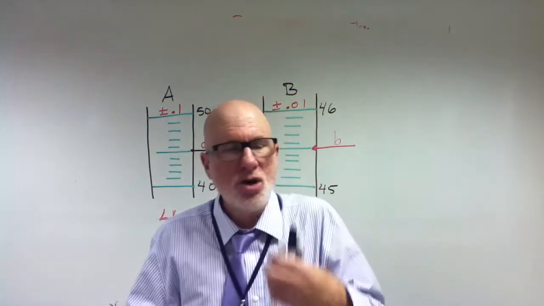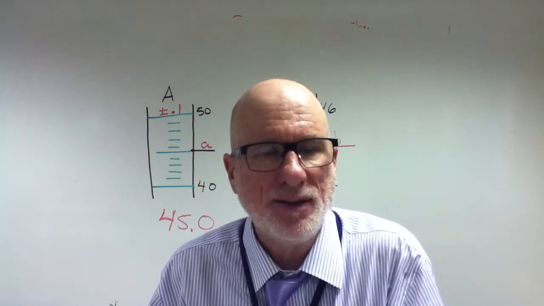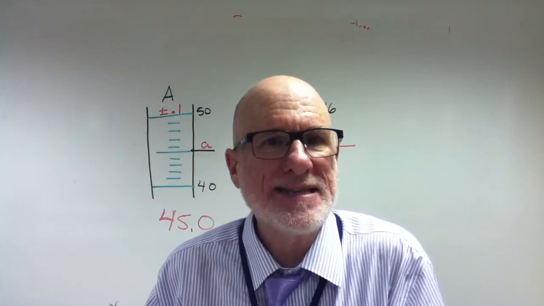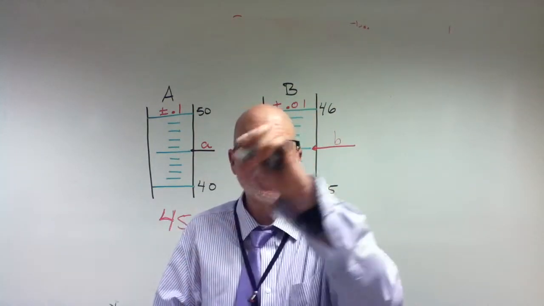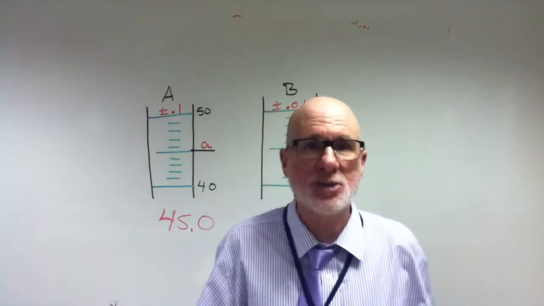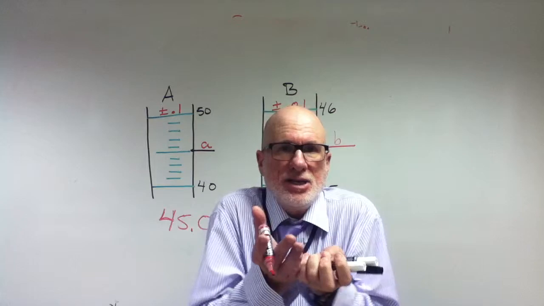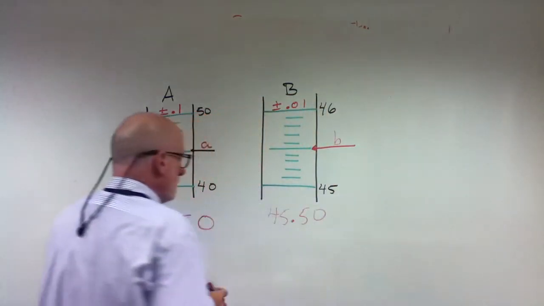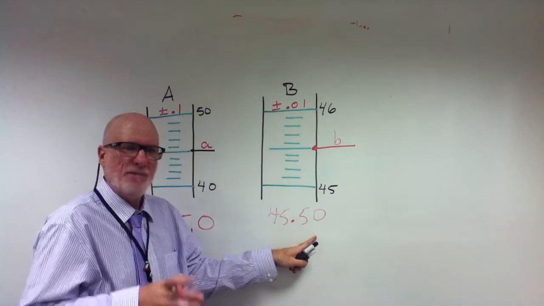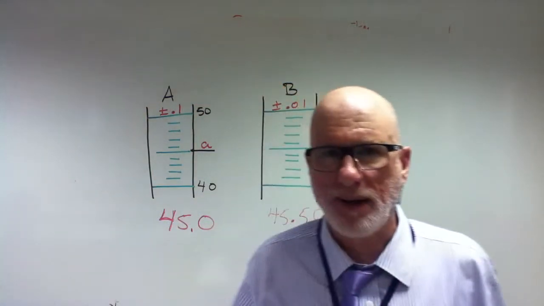However, when there's error as a result of the construction of a piece of laboratory equipment, that's what we call systematic error. That is error that can't be controlled by the experimenter. That's only controlled by the instrument itself, by the system you're using. So, we could say that that's systematic error. But that's not really my point.